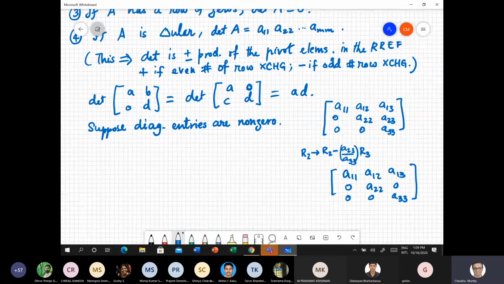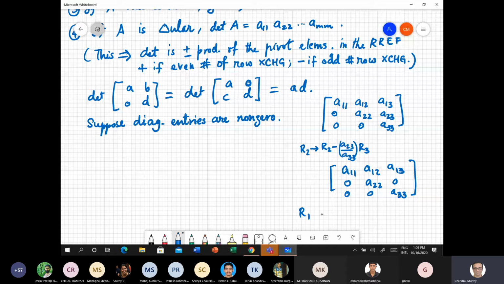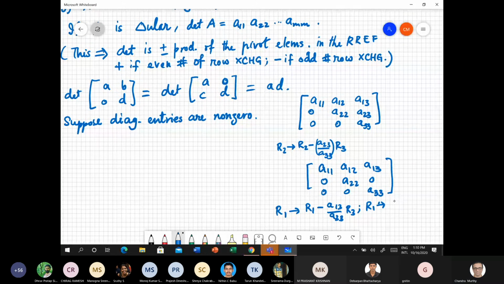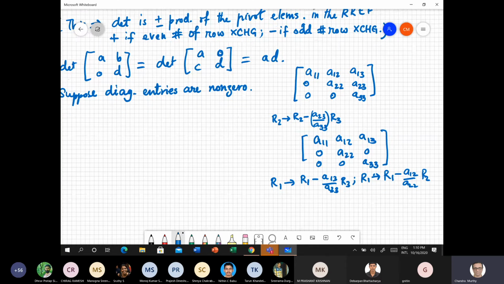Then I can do something similar, like replace R1 with R1 minus A13 over A33 times R3, and then I can again replace R1 with R1 minus A12 over A22 times R2. Then both these terms get eliminated and you will be left with A11, 0, 0, 0, A22, 0, 0, 0, A33.